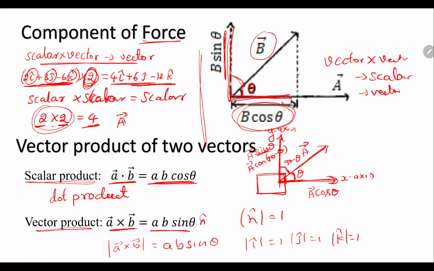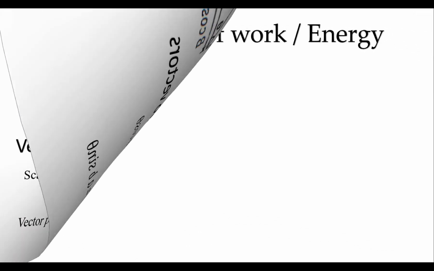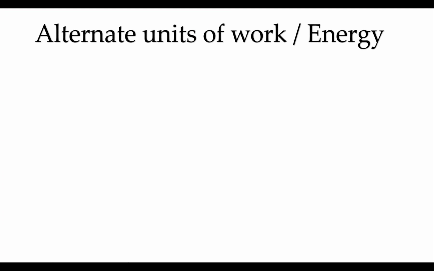Okay, next we have alternate units of work or energy, because for both work and energy the units are the same. So what kind of units we use in general in this chapter are given here. These are very important for MCQ questions.